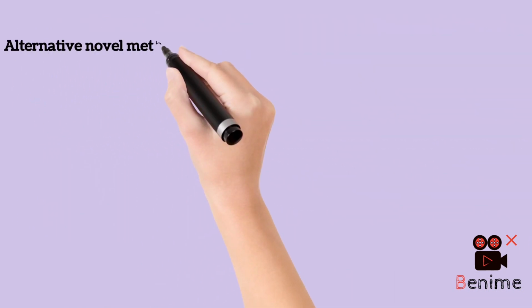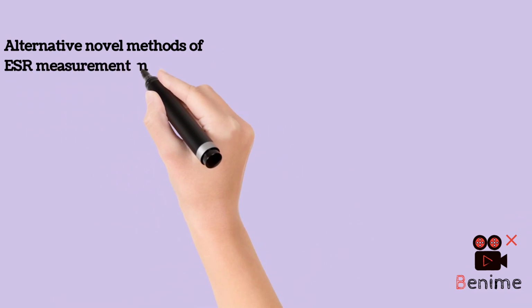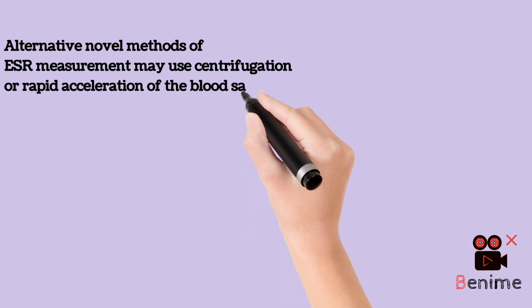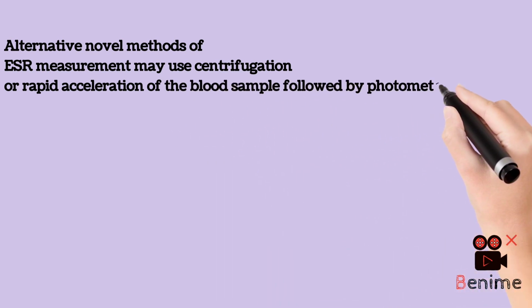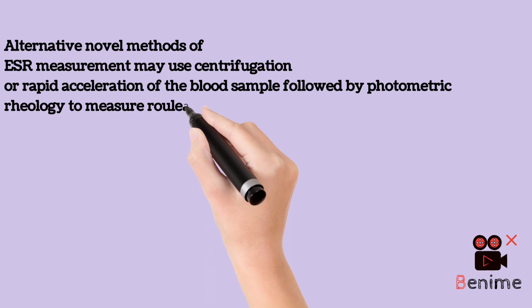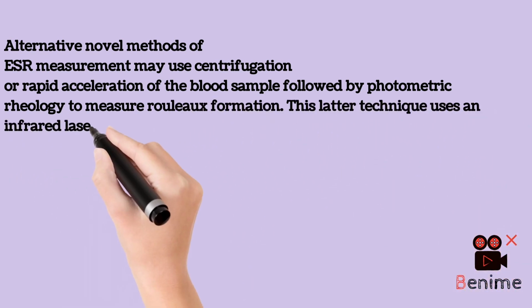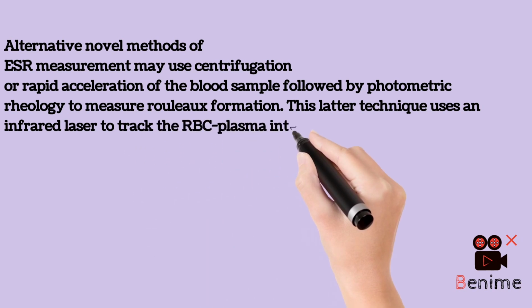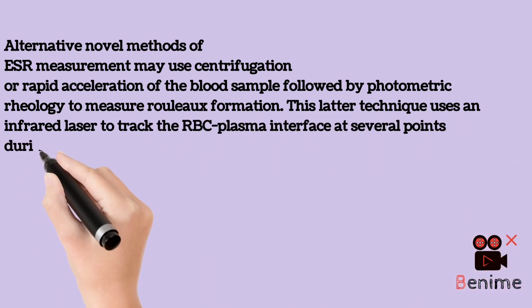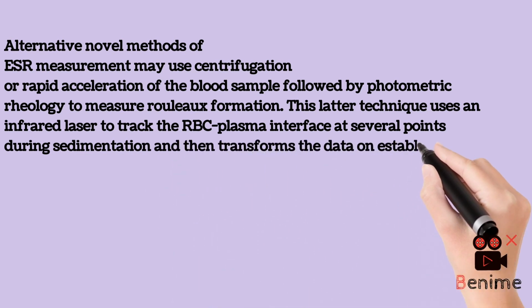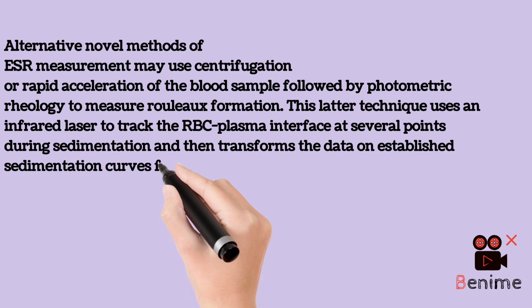Alternative novel methods of ESR measurement may use centrifugation or rapid acceleration of the blood sample followed by photometric rheology to measure rouleau formation. This latter technique uses an infrared laser to track the RBC plasma interface at several points during sedimentation and then transforms the data on established sedimentation curves from the Westergren method.